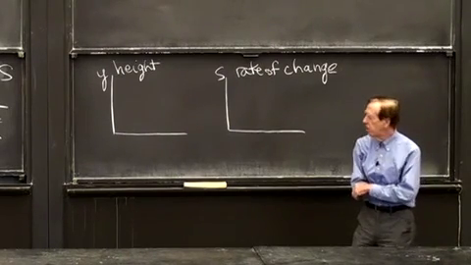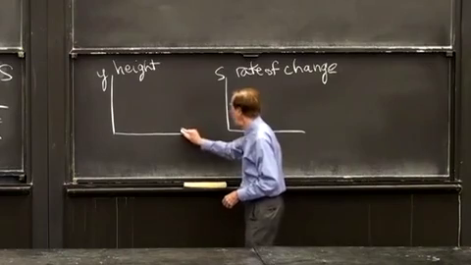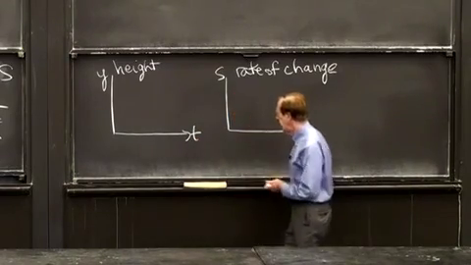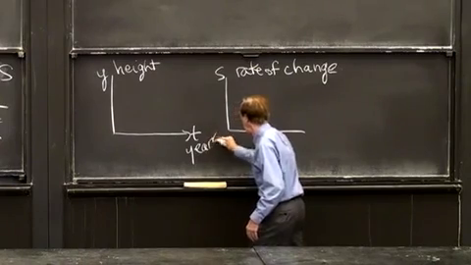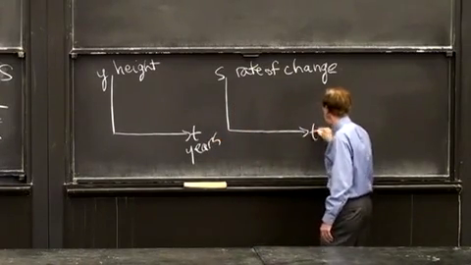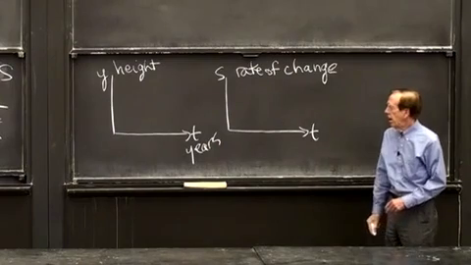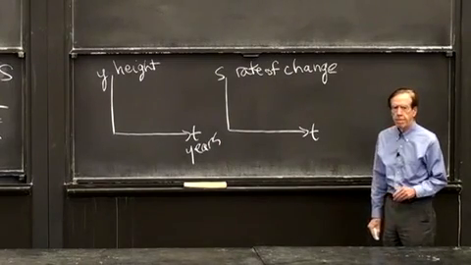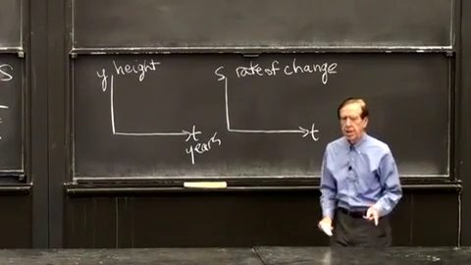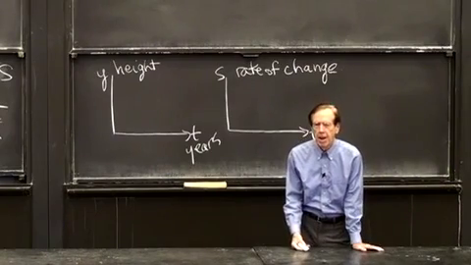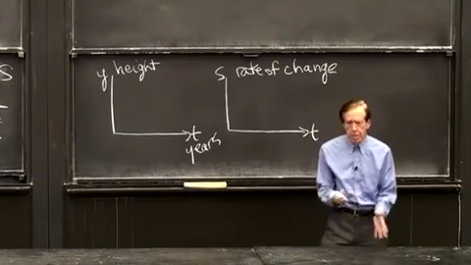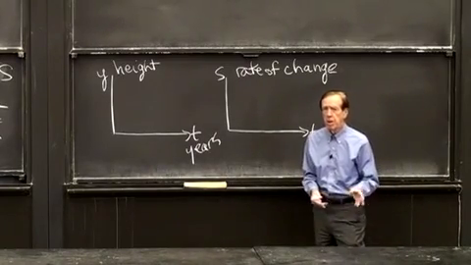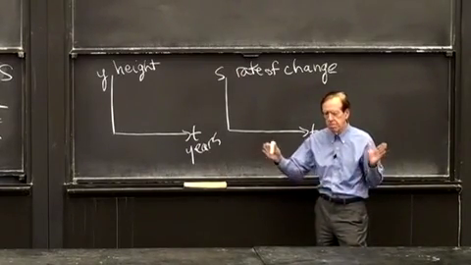Now, this is time in years. This is t in years. And this too, of course. Actually, I realize you start at t equals 0, birth.